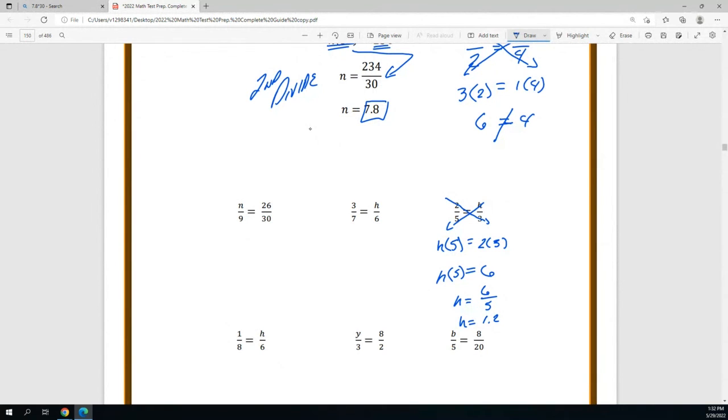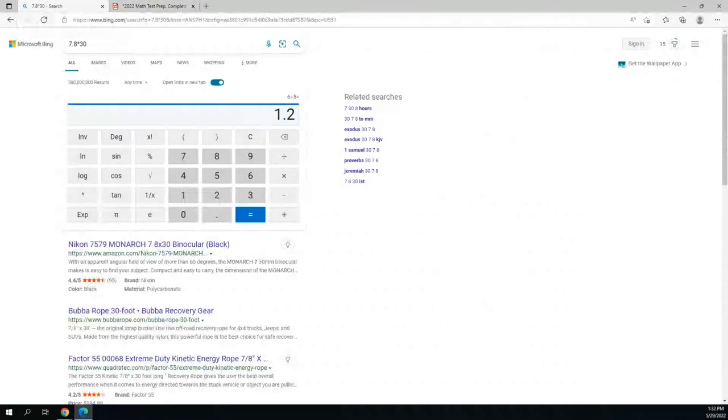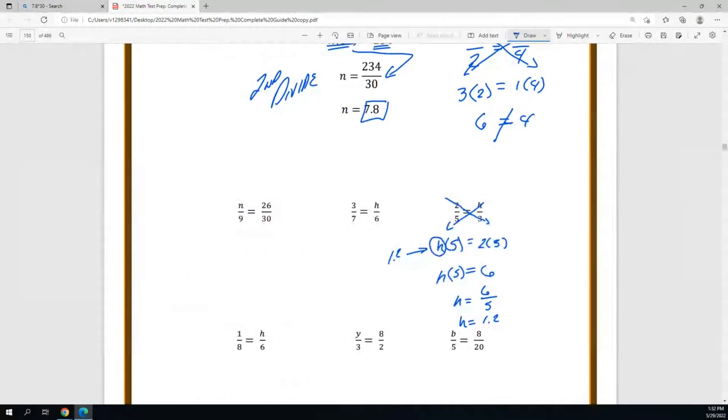You should take 1.2 and replace it with h, and you should get 6. Let's see. If I go 1.2 times 5, I get 6. So that's algebra. That's how it works. I'll show you more later, but for now, these are the steps of using the proportion equation.